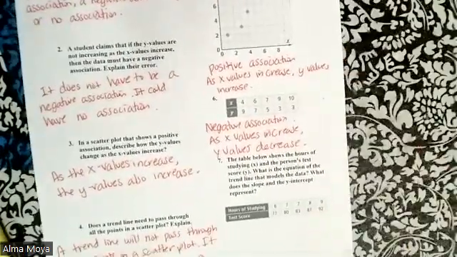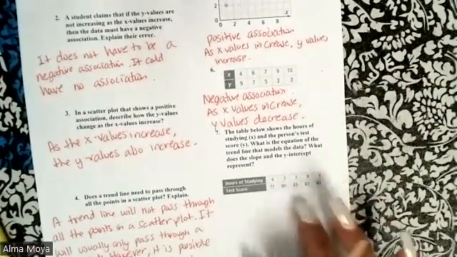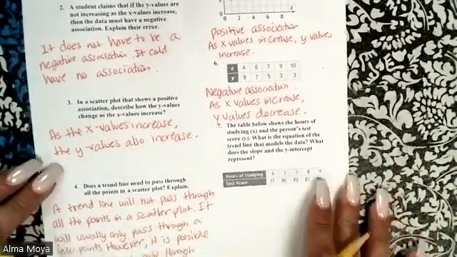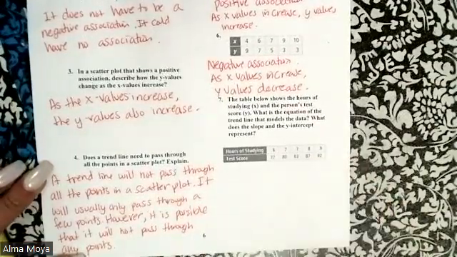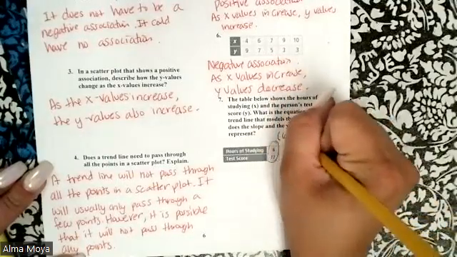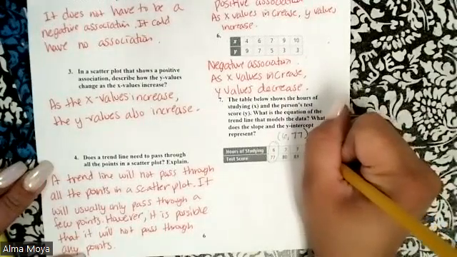Now the table below shows the hours of studying x and the person's test scores y. It asks, what is the equation of the trend line that models the data? So once again, we need to find our equation. We need to pick 2 points. It doesn't matter which 2 points you pick. I'll use the 6, 77 and I'll use the 8, 87.